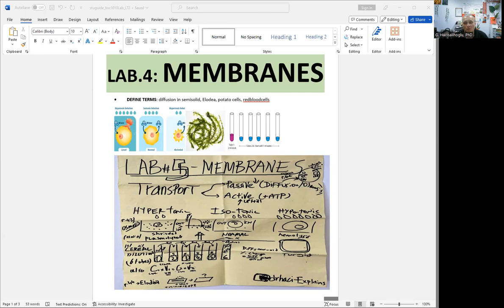Always remember, membranes could have passive transport like diffusion, where solutes go from high to low, or it could be osmosis, where water goes from high water to low water. The same idea, but they're both passive transport, right?